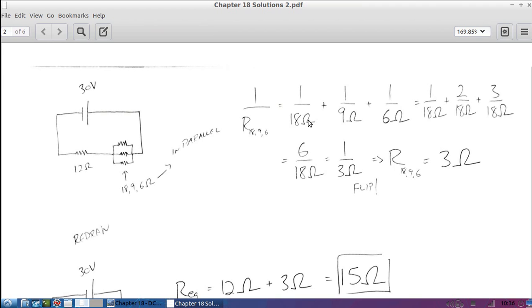So again, I'm leaving my units in the denominator the whole time because that is going to remind me at the very end that I still have to flip this fraction to find the equivalent resistance. So I get 1/18 plus 2/18 plus 3/18. That gives me 6/18 reduces to 1/3 ohms. So the equivalent resistance of these three resistors in parallel is 3 ohms.